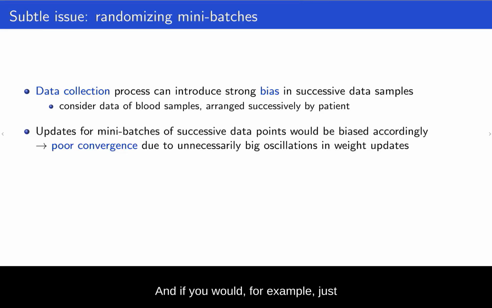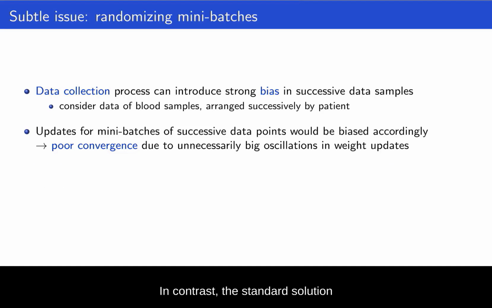If you would just take the points from the ith patient and put them into the ith mini-batch, then the updates based on each of these mini-batches would be biased and potentially point in very different directions, because maybe different parameters would be good to predict the outcomes of individual patients. So you wouldn't get an unbiased estimate of your gradient from each mini-batch.